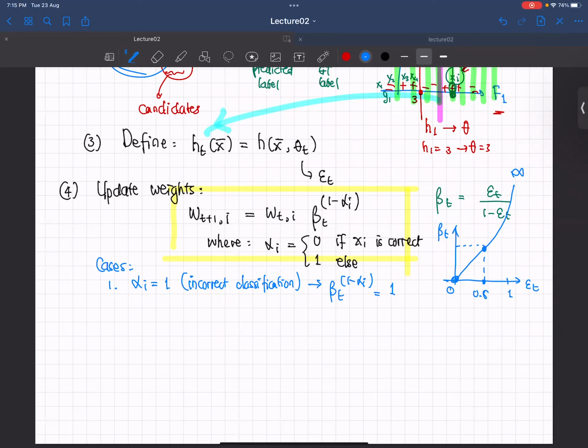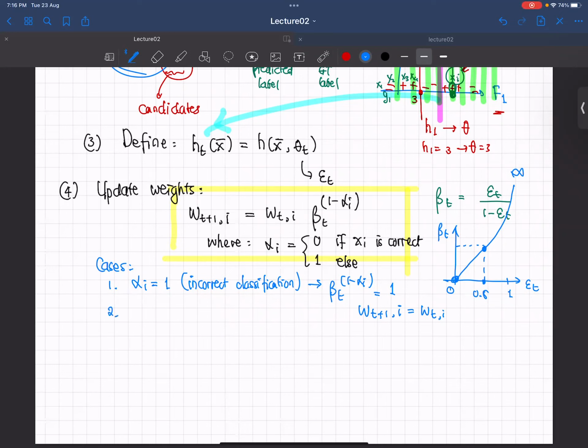What is the implication of that? w_{t+1}(i) equals w_t(i), which means there is no change in your weight. If it is incorrectly classified, you keep the weight of that sample. Agree with this? Any questions? Okay, so that's one case.